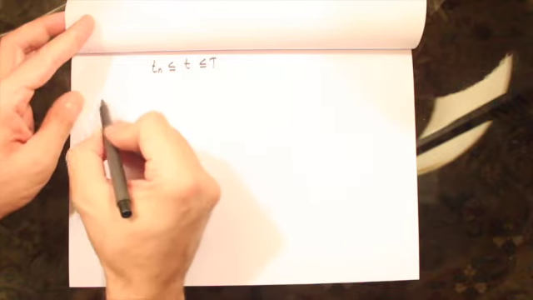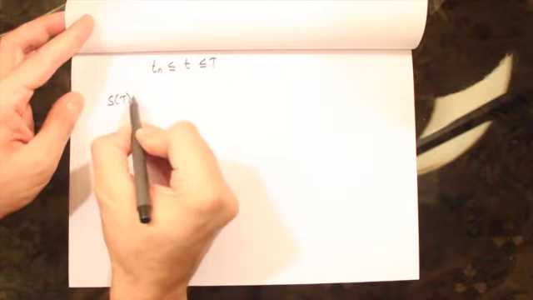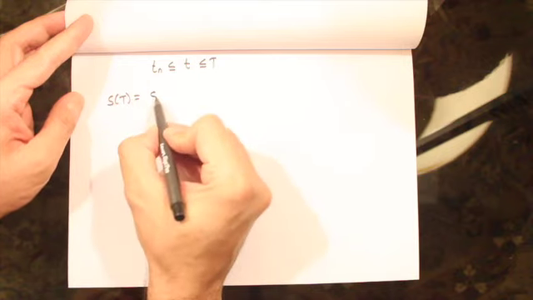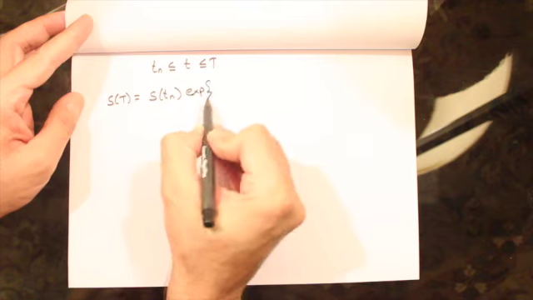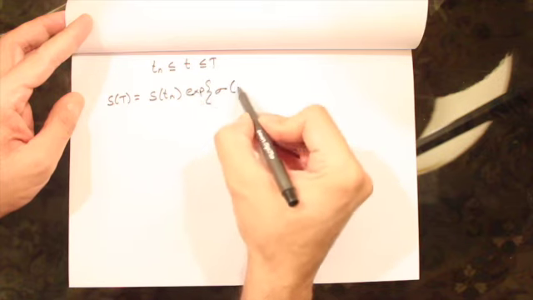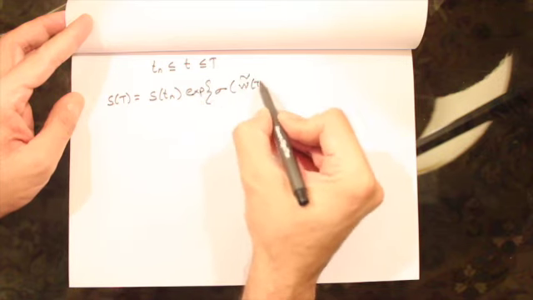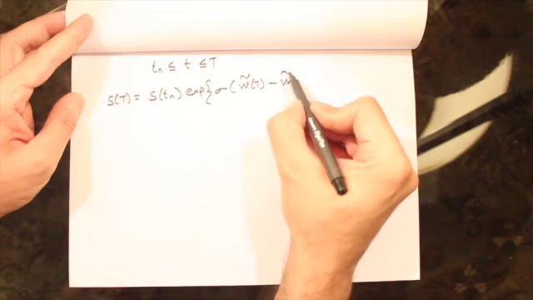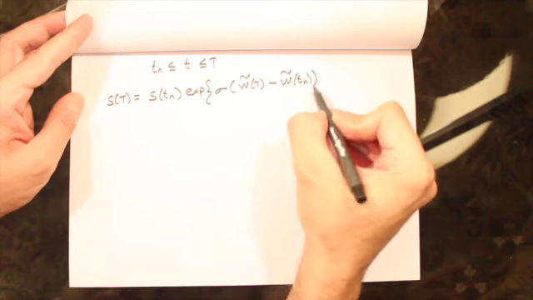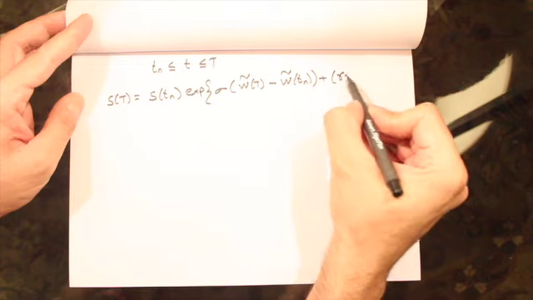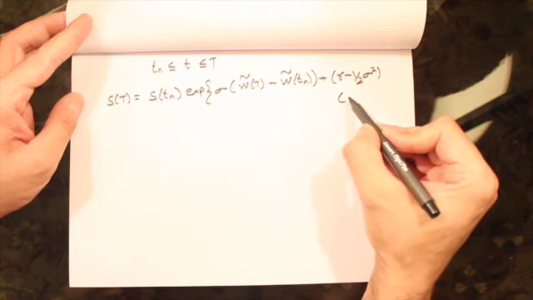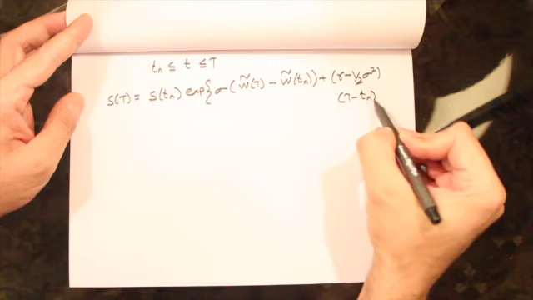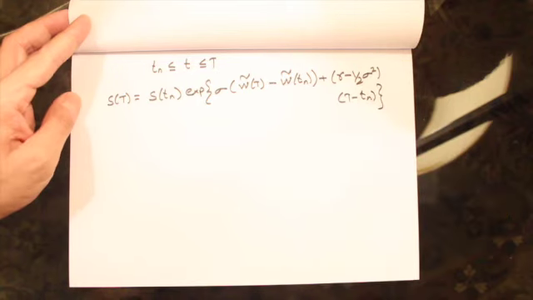So the value of the stock at T can be written as S of Tn e to the power of sigma W tilde T minus W tilde Tn, plus R minus half sigma square multiplied by T minus Tn. Clear?